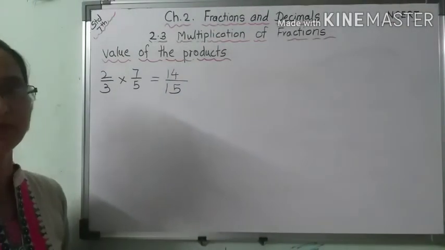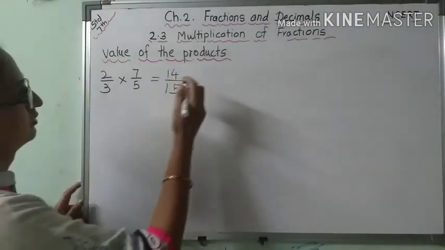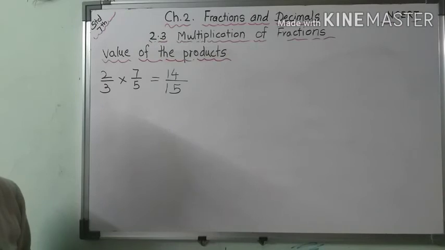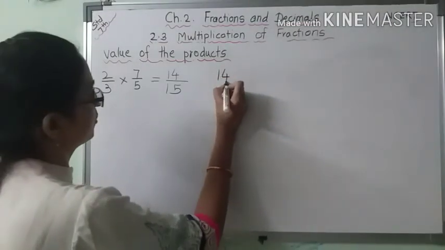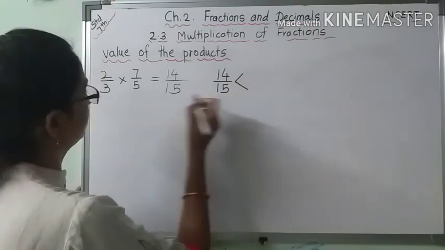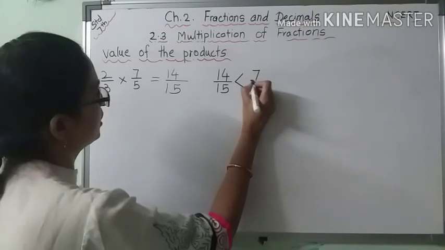14 upon 15. Now, after converting these fractions into like fractions and then comparing, we will find that 14 upon 15 is less than this 7 upon 5.